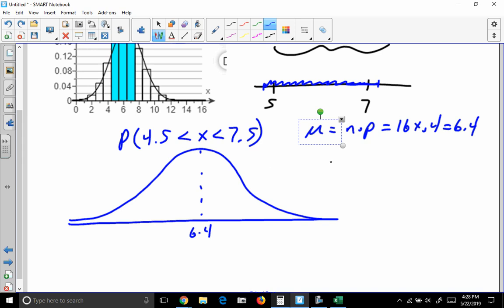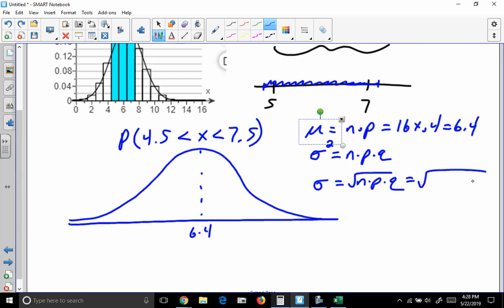We also have to know the standard deviation. Well, what's the standard deviation? The variance for a binomial distribution is n times p times q, and then the standard deviation is just the square root of that.